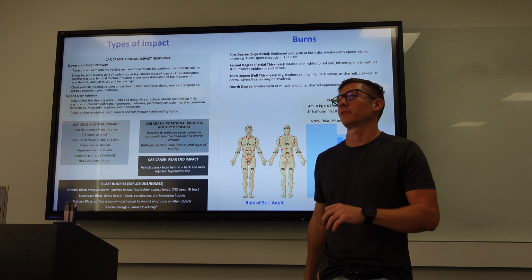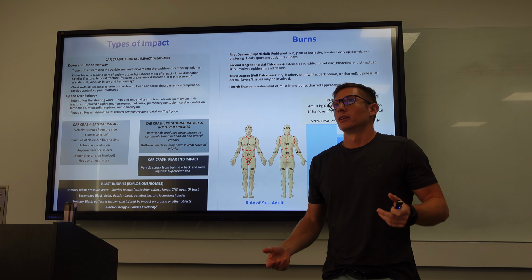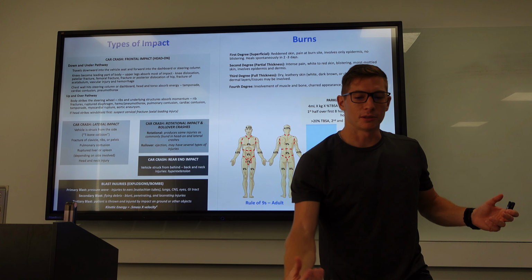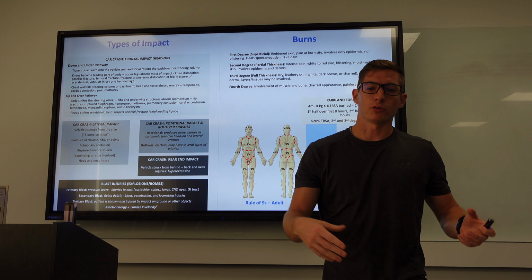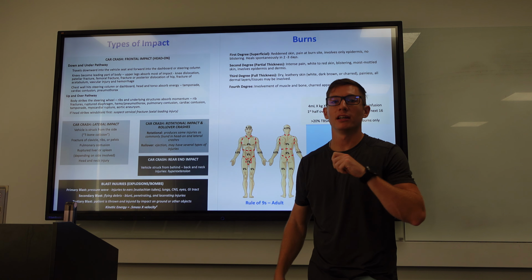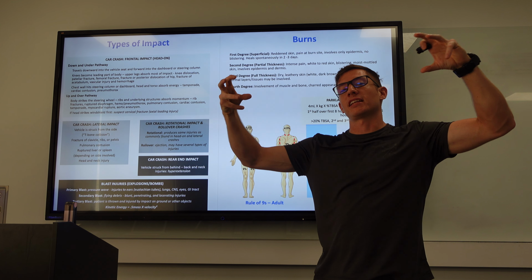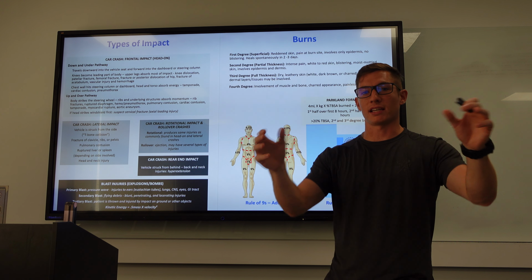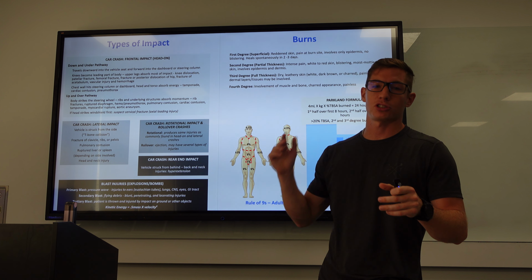I'm trying to think of an example with water. Like if you took an upside down cup and stuck it under water and then flipped it up, that big air bubble comes out, right? Well, then the water sucks in and rushes. Now that's what's happening to the air. Air is a fluid, and that fluid is going to come right back to the epicenter of that blast, pulling you and everything else with it backwards towards where the blast just came from.